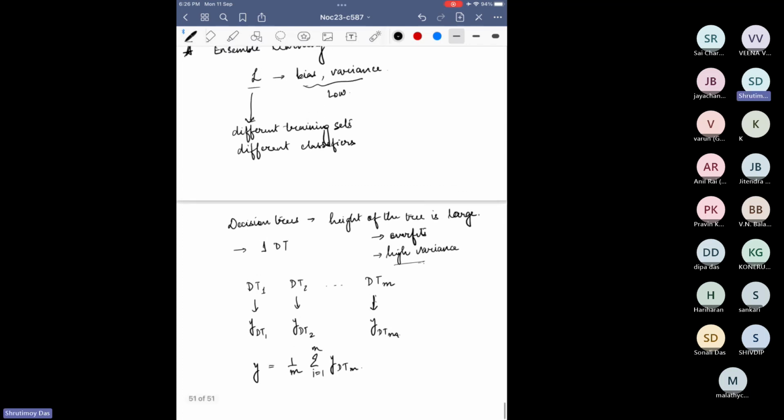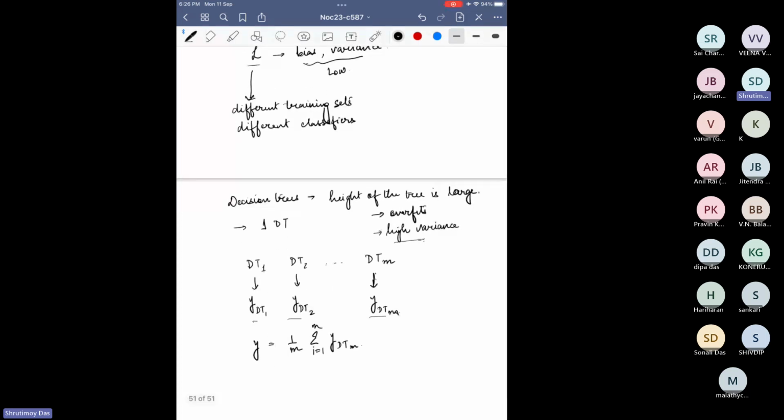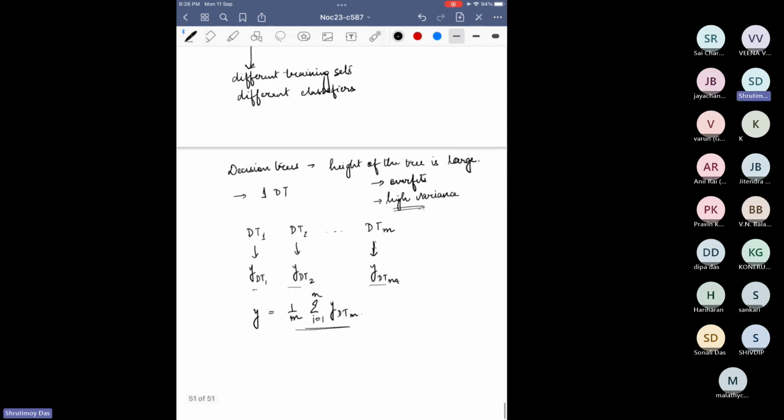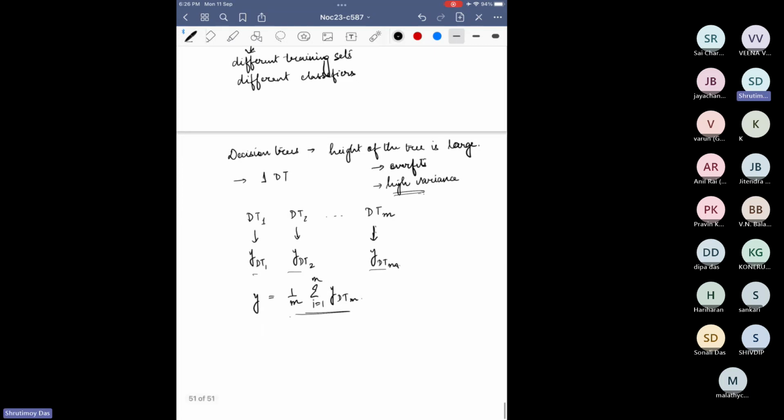Each individual decision tree may have very high variance, but if we take this weighted sum, the variance is reduced. Even though the individual trees overfit to the training data, the overall model will not have that much variance. So this is one example.